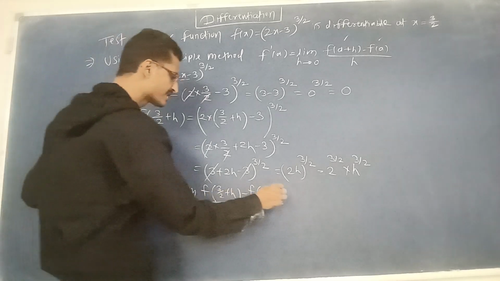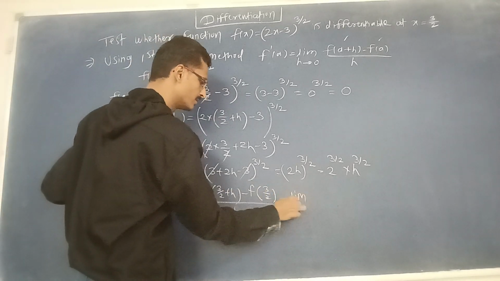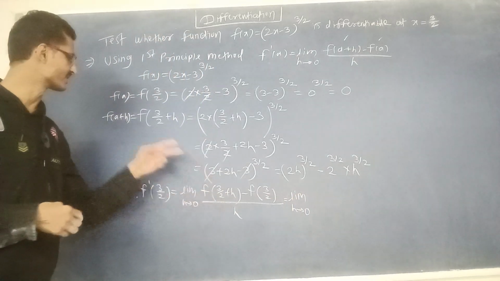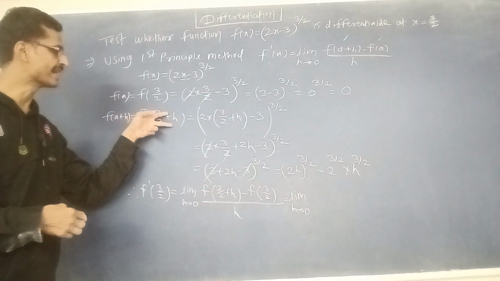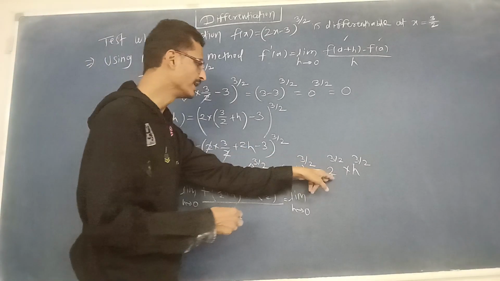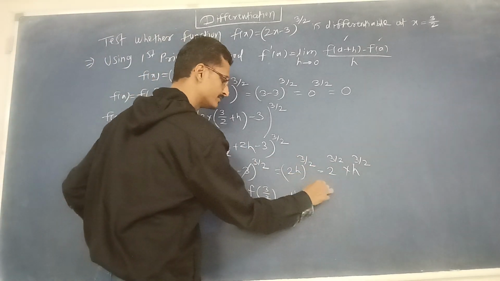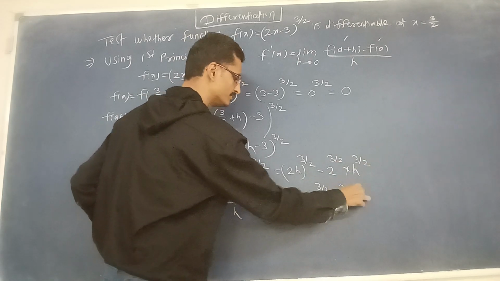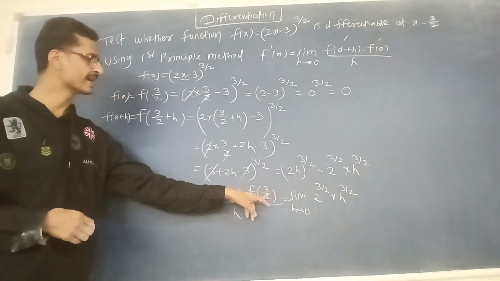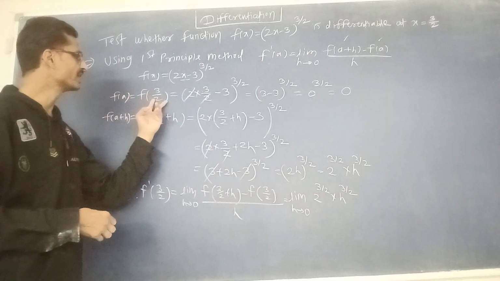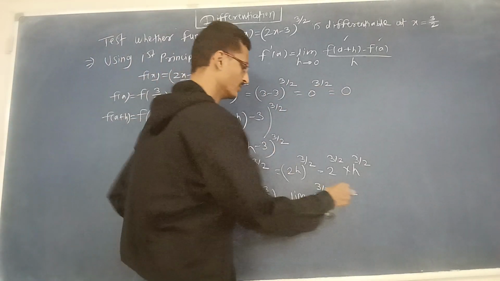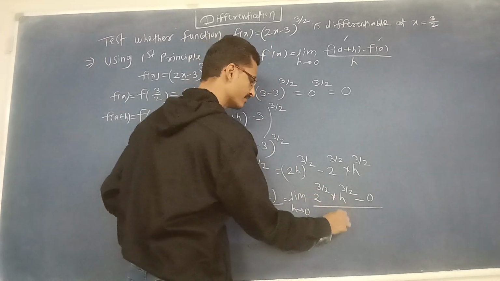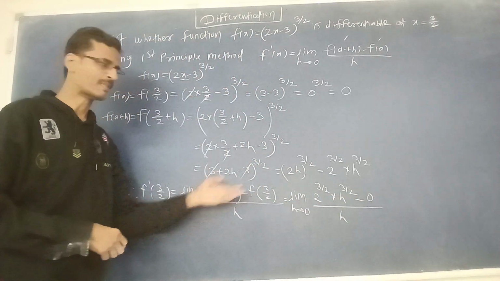So limit h tends to 0, f(3/2 + h). f(3/2 + h) is what? 2 into (3/2) into h^(3/2), minus f(3/2). f(3/2) is what? 0. So right here, 0 upon this h. So minus 0 is there.